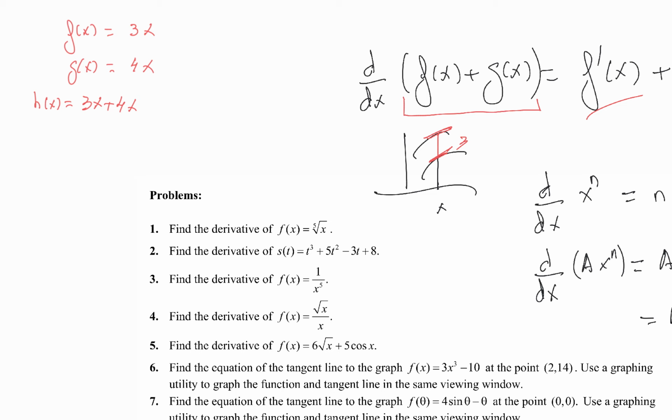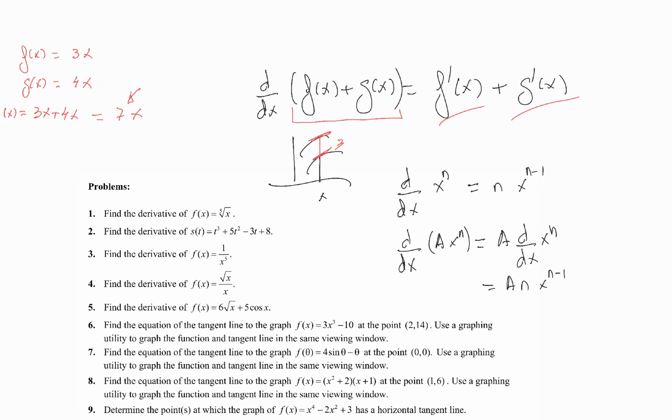The slope of 3x plus 4x, which is the same as 7x, is 7. So in these two rectilinear lines, and for others too, the slope of a function that is the sum of two is the slope of the first plus the slope of the second.